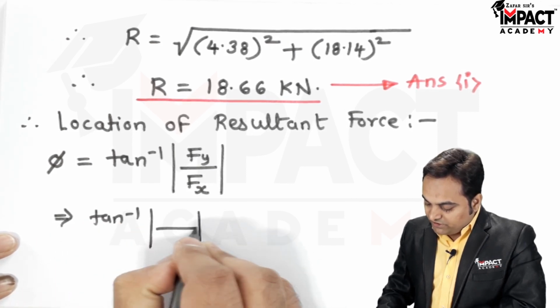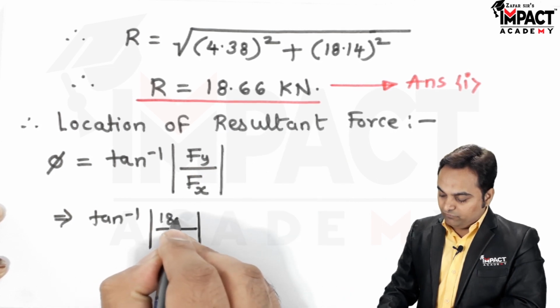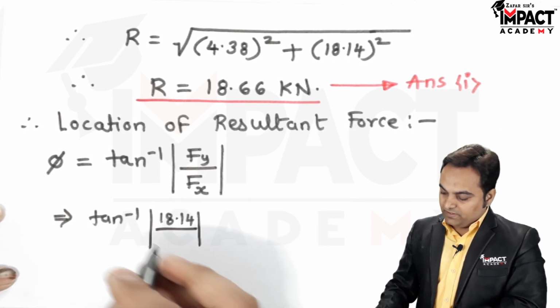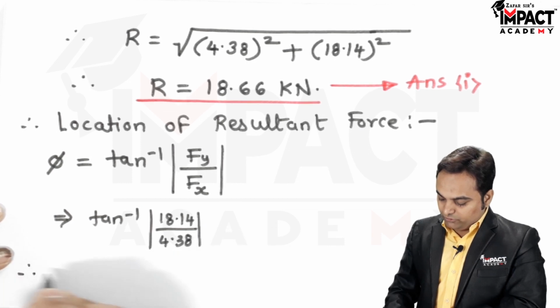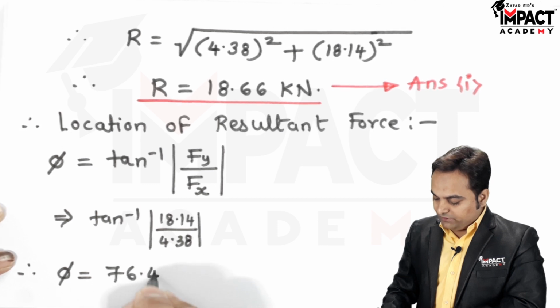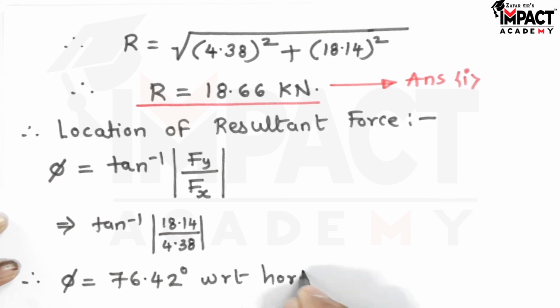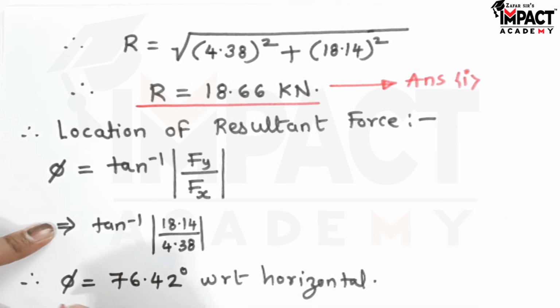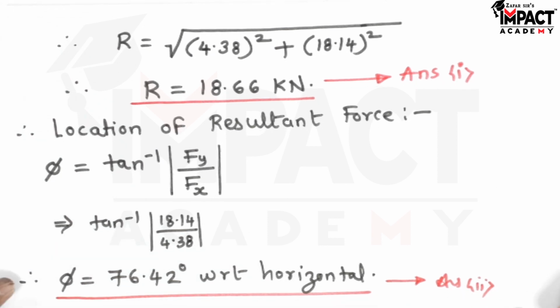Here we have a mod sign where we have to put only the positive values. Fy 18.14, Fx 4.38. So therefore the location is at 76.42 degree with respect to horizontal. And that's the second answer.